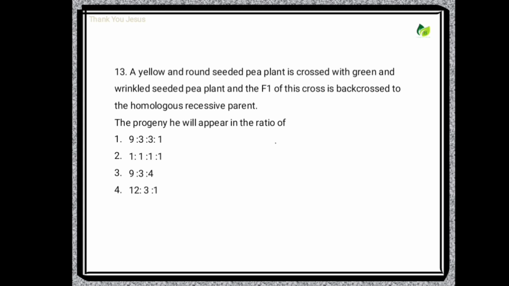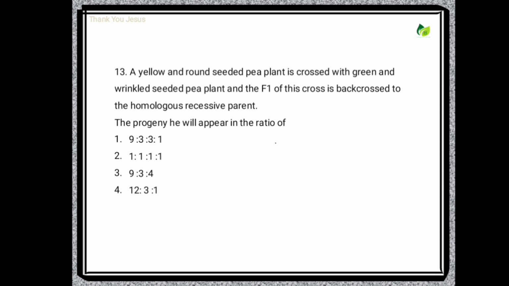A yellow and round seeded pea plant is crossed with a green and wrinkled seeded pea plant, and the F1 of this cross is back crossed to the homozygous recessive parent. So the progeny will appear in the ratio of, options are 9:3:3:1, 1:1:1:1, 9:3:4, 12:3:1.